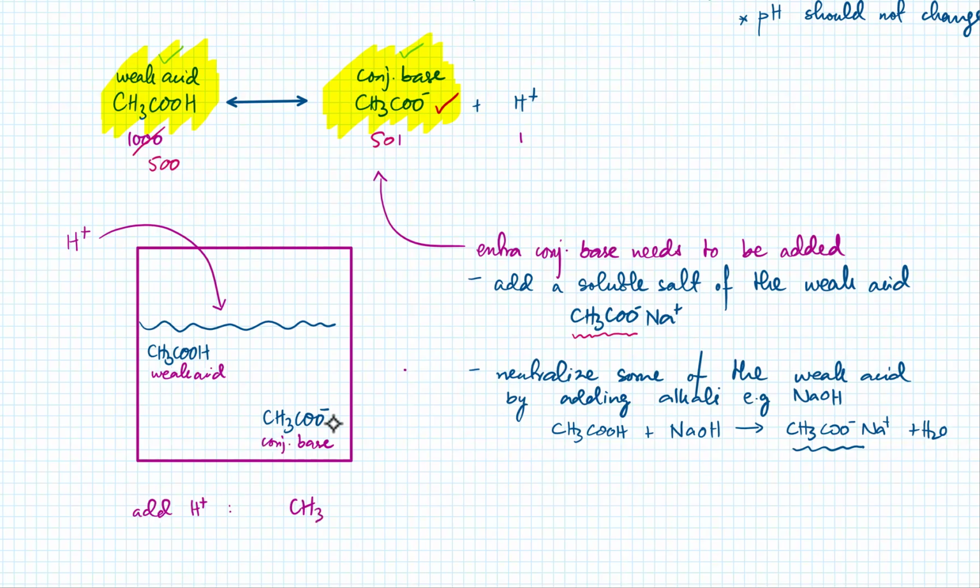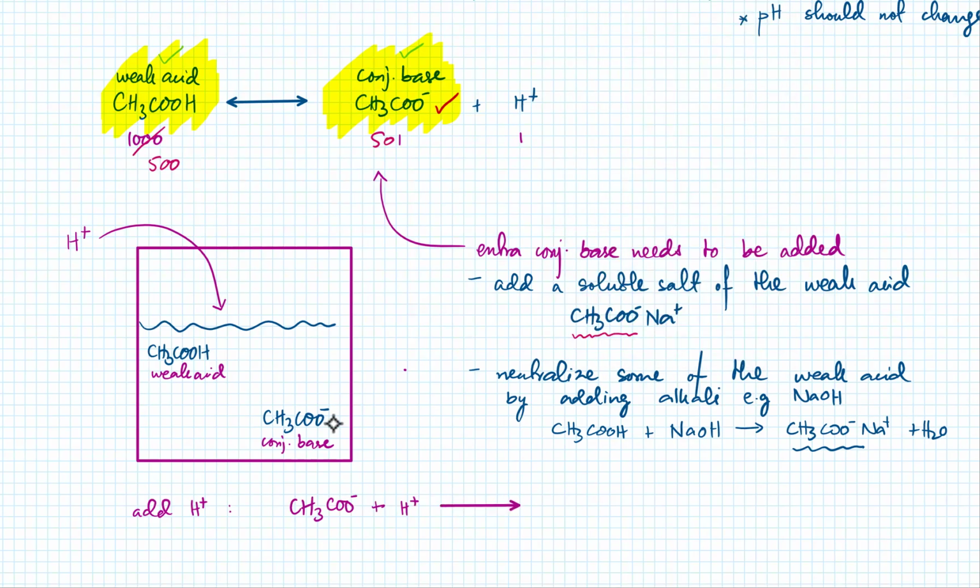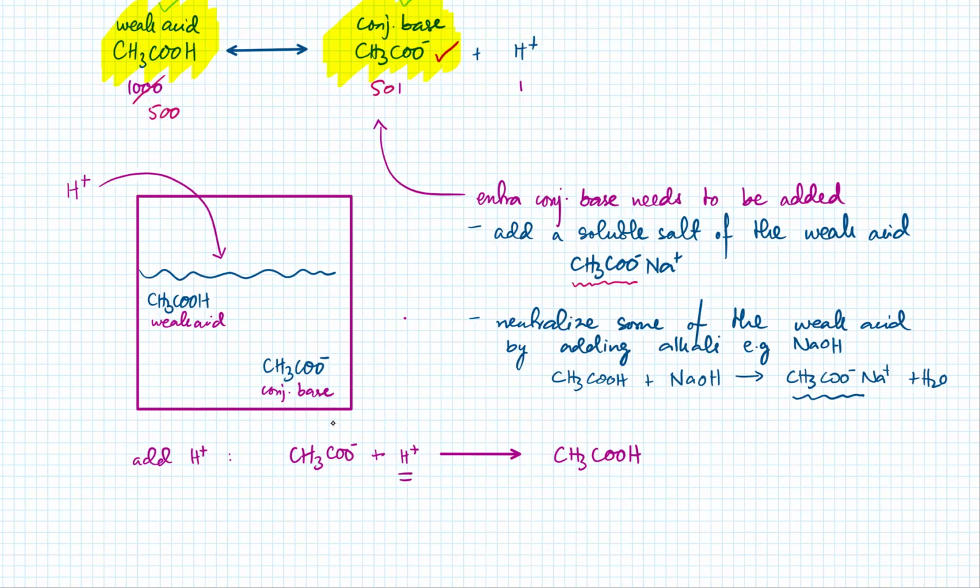If this is your stomach and you drink something acidic, the ethanoate ions will quickly bond with the H plus ions and neutralize them, forming CH3COOH. So the extra H plus that have been added have now been neutralized. Is that clear? Yes, sir. So the concentration of H plus remains exactly the same as it was before.